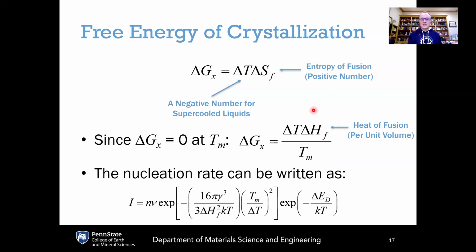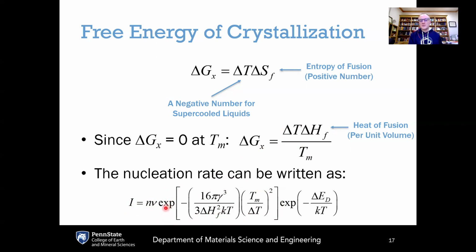Now, taking this expression then for the delta G sub X, if we substitute this back into our previous expression from classical nucleation theory, where we have the thermodynamic barrier of e to the minus W star over kT, and then we use our W star that we just derived from our assumption of a spherical nucleus, and then substitute this in for the delta G sub X, then the overall expression can be written as that the nucleation rate is equal to N, so the number of atoms per unit volume, times our vibrational attempt frequency nu, times our thermodynamic factor for overcoming the thermodynamic barrier.